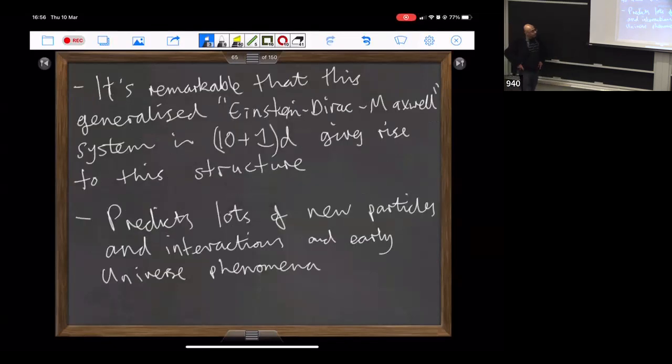And I really find this picture quite remarkable, that this thing that we started off with, which is just Einstein-Dirac-Maxwell theory in 11 dimensions, gives rise to this structure. And knowing this can provide motivation for studying hidden sectors, new particles, and trying to have a framework for discussing early universe phenomena as well. So thank you very much.